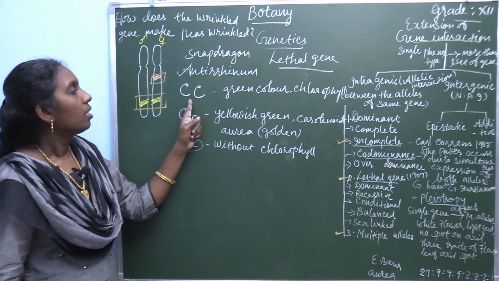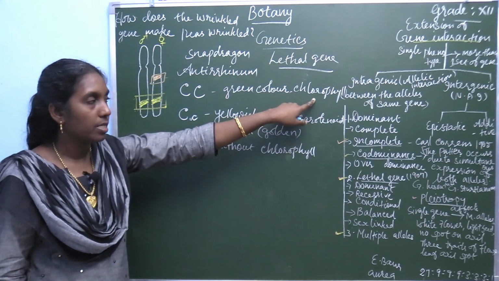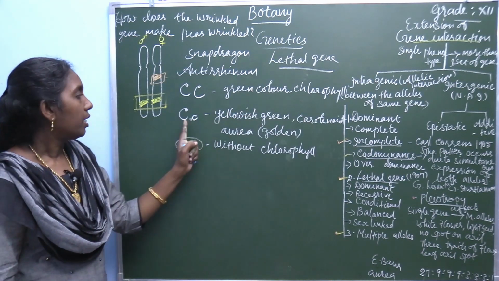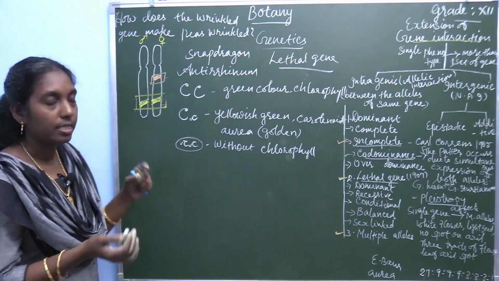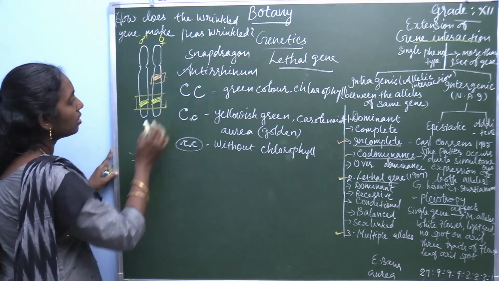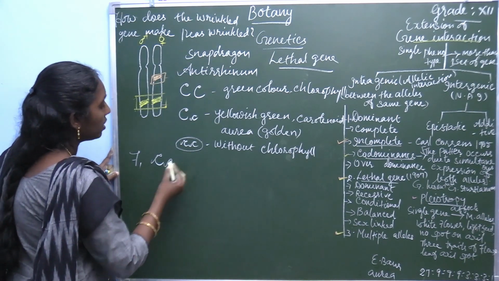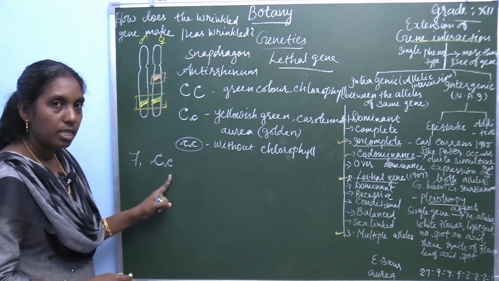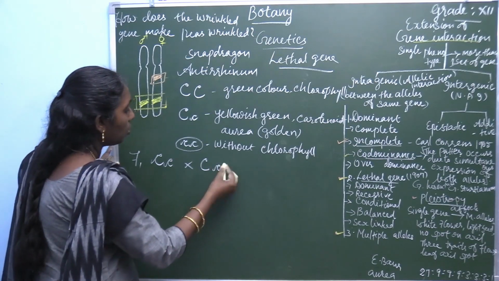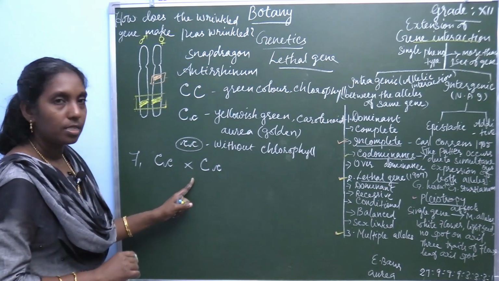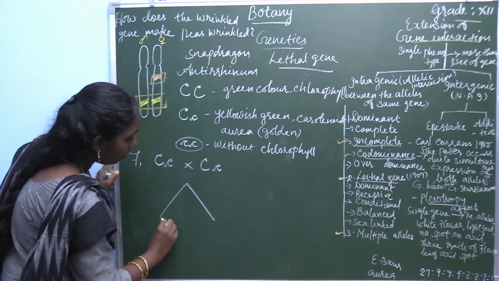Here what happens: the capital C, the dominant gene, produces green color because of the presence of chlorophyll, but capital C small c is yellowish green, the heterozygous condition. The parent is capital C capital C, but the F1 generation produces capital C small c. When we make a cross between the hybrids capital C small c, it gives a 1:2:1 ratio.